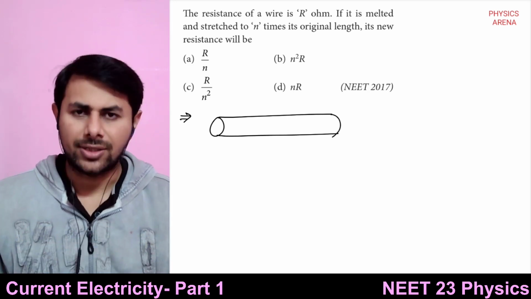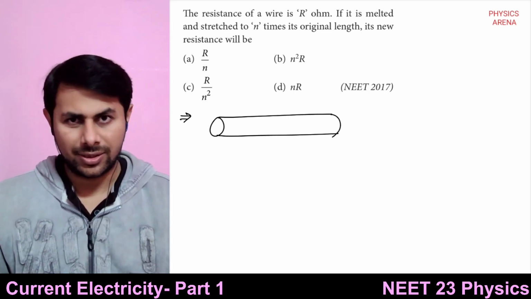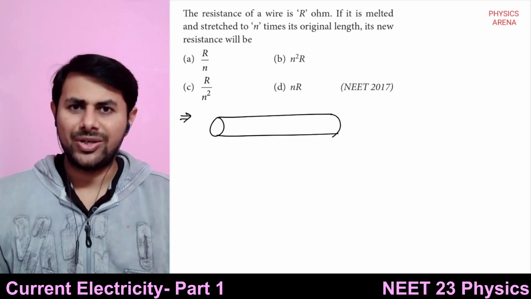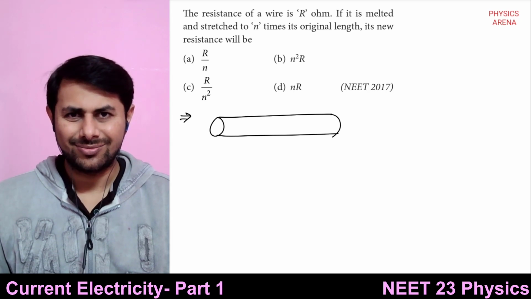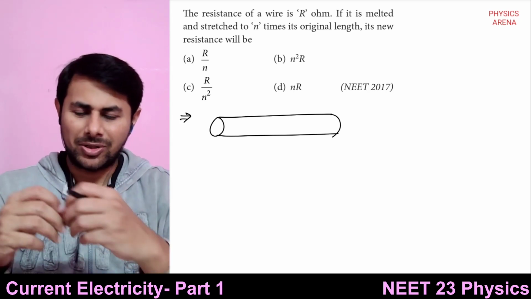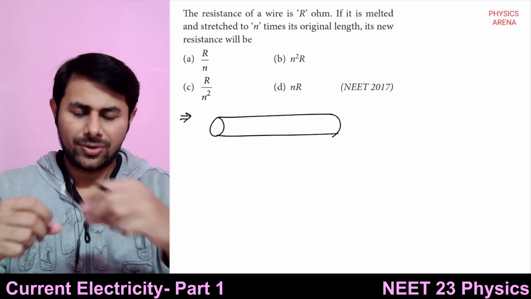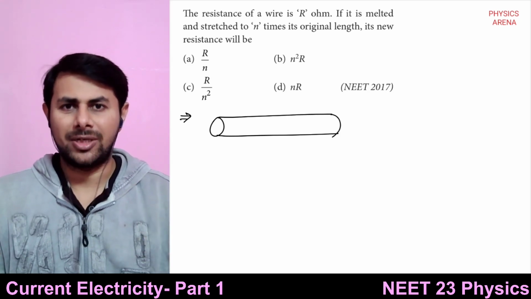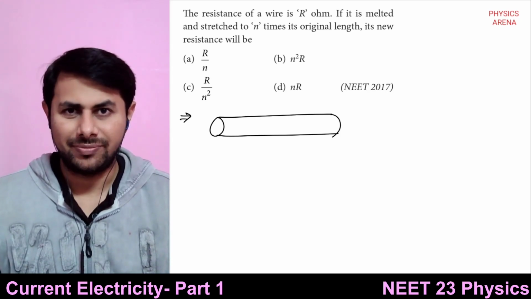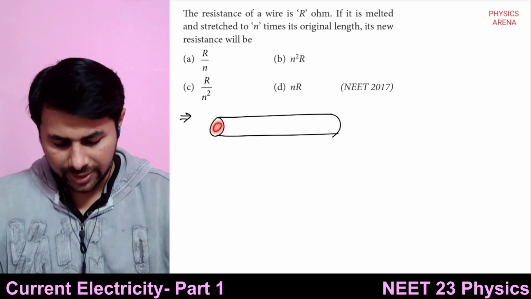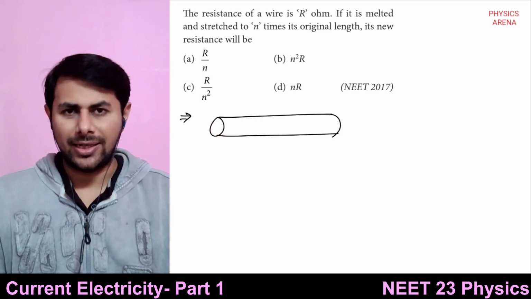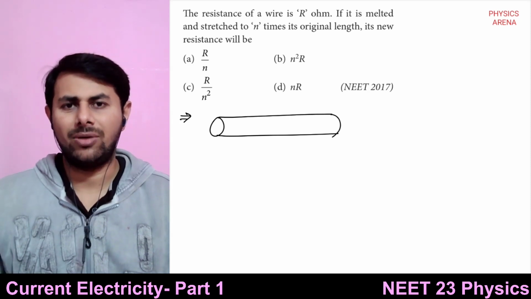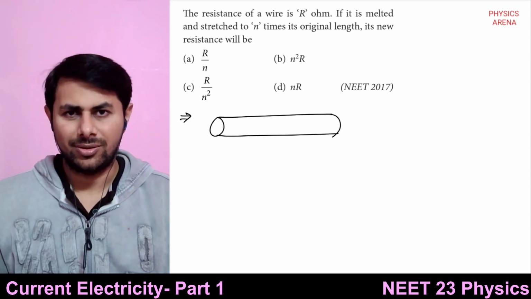Now, if you stretch it, the length will increase. Something will decrease, right? The area of cross section will decrease. Because you are stretching it, the extra length, the extra material, should come from somewhere. So it comes from the area of cross section. If you stretch it to twice the length, the area of cross section will become half.